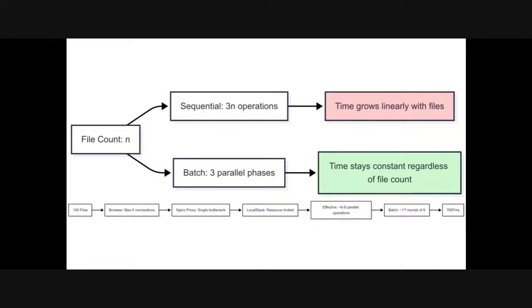So browsers have a limit on the number of connections that we can make. We have an nginx proxy that handles our local stack. So we have resource limiting by our infrastructure right now. So we have 6 or so parallel, which are not truly parallel, files that are being uploaded.